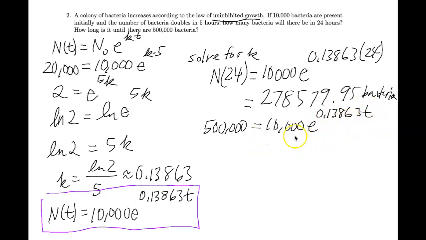And to solve for t, divide both sides by 10,000. So we'll end up with 50 equaling e to the 0.13863t, and ln'ing both sides.